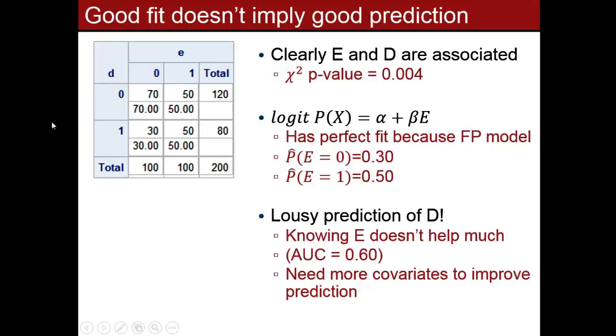Here's your disease outcome, and the unexposed have a risk of 30 over 100, 0.3, and the exposed have a risk of 0.5. So we would say, yeah, it looks like the 100 people that are exposed have a higher risk of the disease than the unexposed. 0.5 versus 0.3. The chi-square test says they're associated.